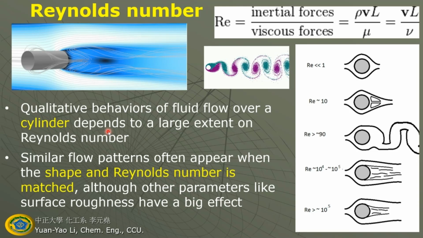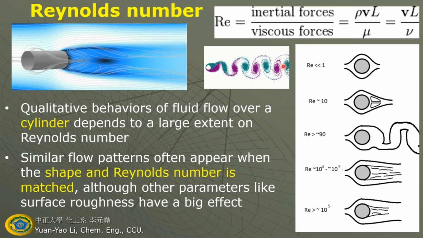As I told you, Reynolds number is inertial forces against viscous force. One goes front, one pulls it back. So if the Reynolds number is much less than 1, that means the pattern will behave like this, very slow. If you increase the Reynolds number, the pattern changes.